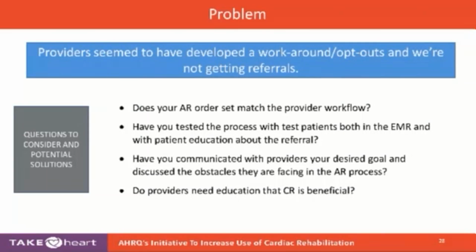Yeah, and Stephen, not necessarily specifically to automatic referrals for cardiac rehab, but from the Epic side, we see this all the time. And it really ties back to that baseline workflow topic.